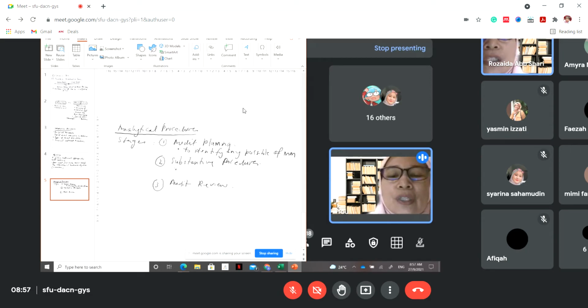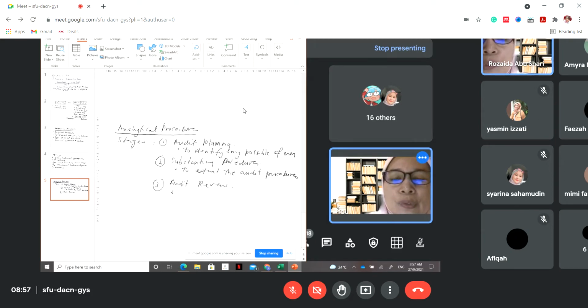During the substantive procedures, you are going to perform the substantive procedure to extend the audit procedures.